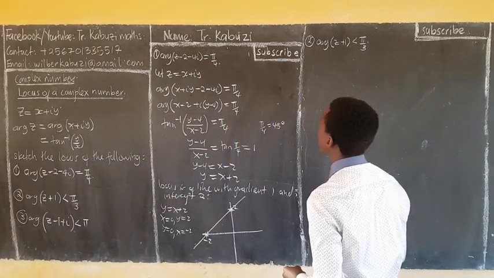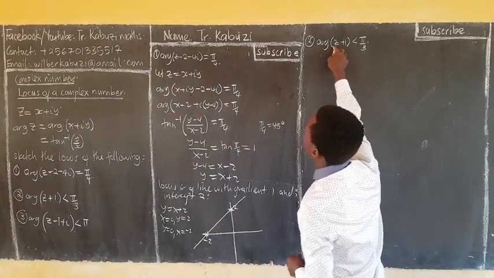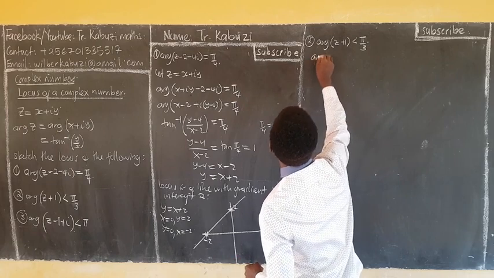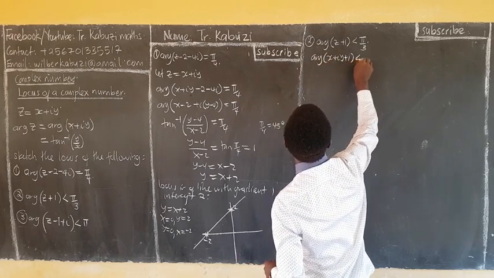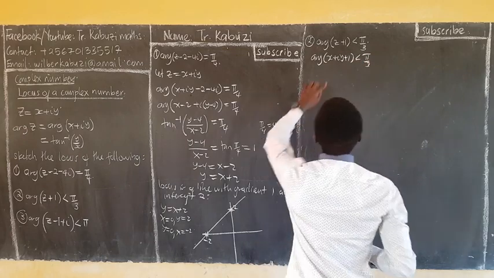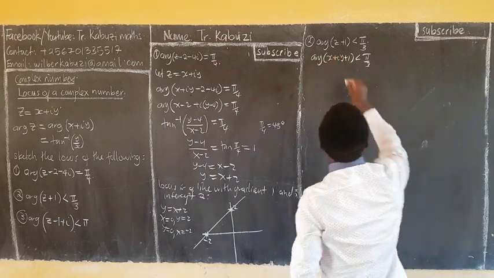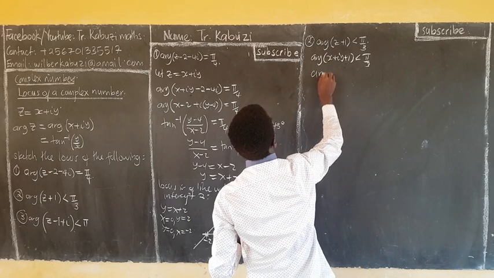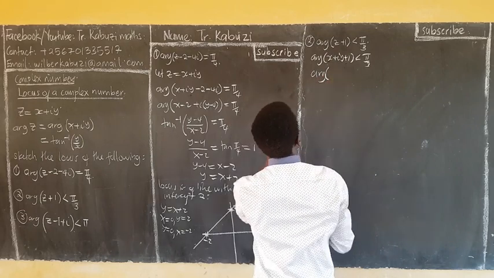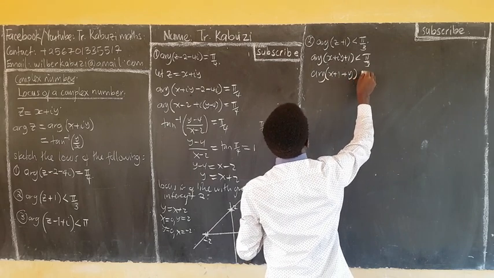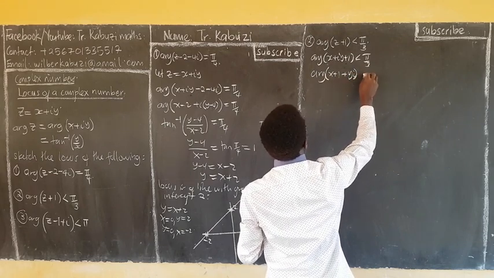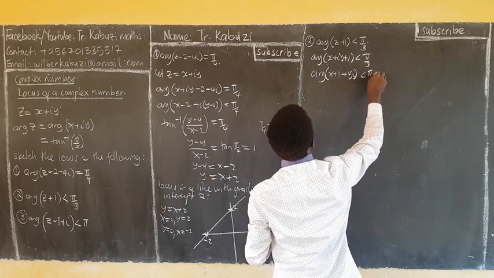Now when I come to the second, I still let z be this, so we have arg of (x plus iy plus 1) less than 5 pi over 3. So now I express it into the real and imaginary. My arg of this will be arg of (x plus 1 plus iy) less than 5 pi over 3.